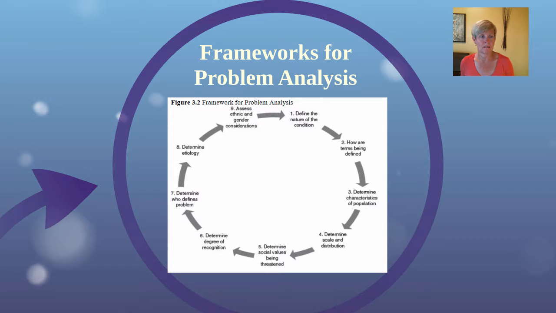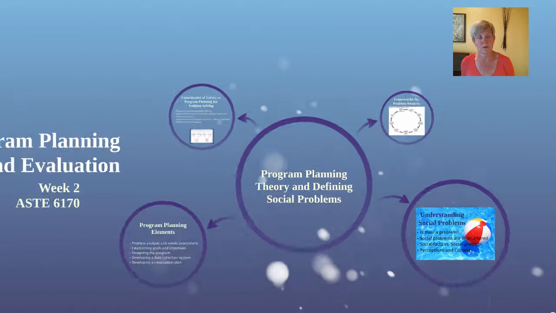So I really like this drawing, and it goes into detail in your text about what each one of these is defined as: determining characteristics of the population, determining the scale, and all of this is important conceptually as you develop your own program plan.